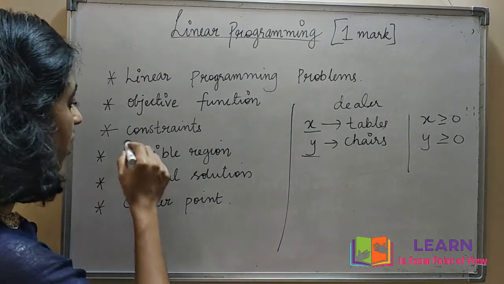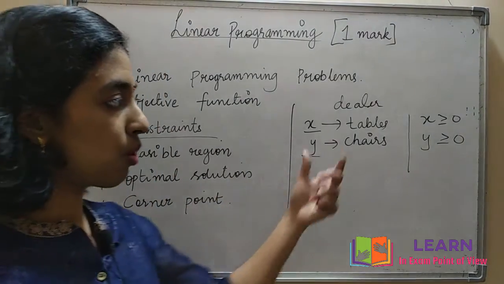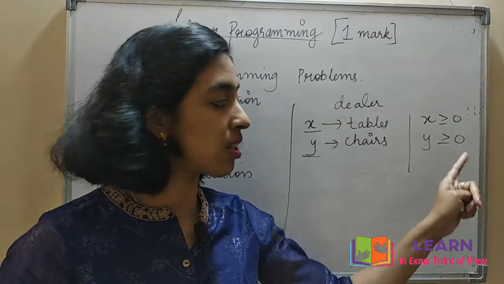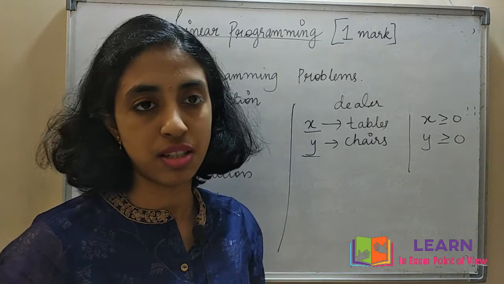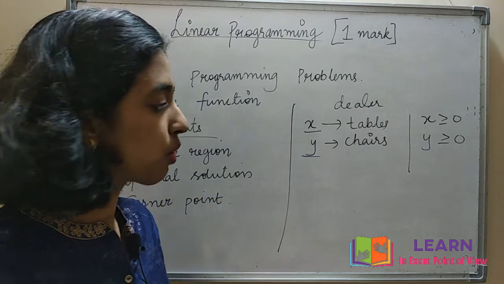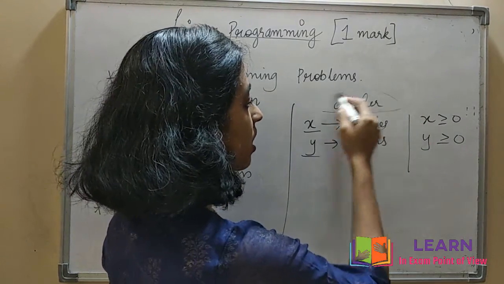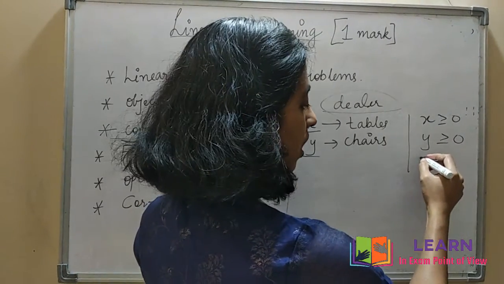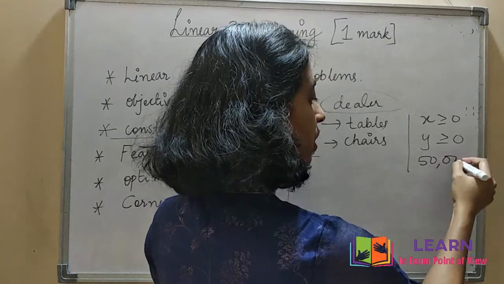So here the constraint term is there. In a linear programming problem, some constraints will be there. These are the non-negative constraints, some conditions. Now the dealer can invest for this business, he has an estimation, 50,000.